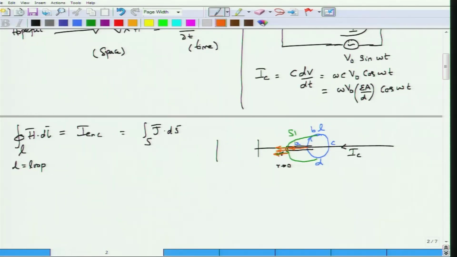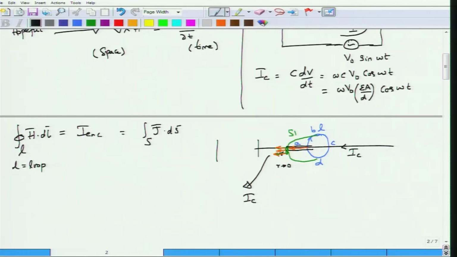If you integrate the current density over the surface area over which it is non-zero, you will see that this current is exactly equal to IC. So the current enclosed must exactly be equal to IC, and everything seems to be fine.